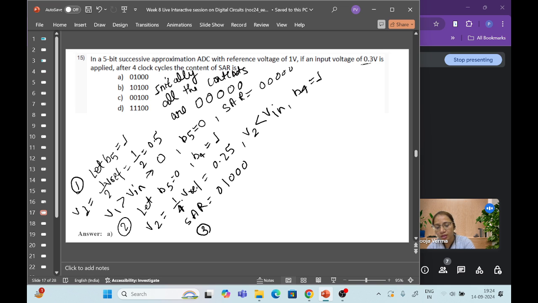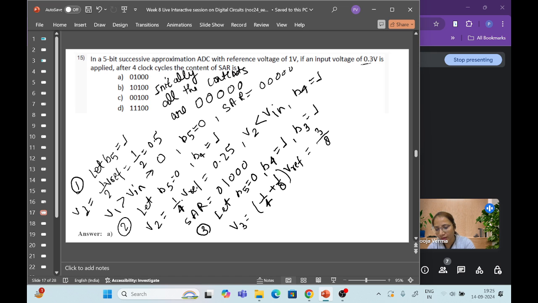Now check for the third clock pulse. Let V5 is equal to 0. Already we know that. V4 is equal to 1. Now V3 is equal to 1. Let's assume that. Okay. So now check for the voltages. So what we will get? That is 1 by 4 plus 1 by 8 into V reference. Right? So V reference here is 1. So what we will get? That is 3 by 8. Right?